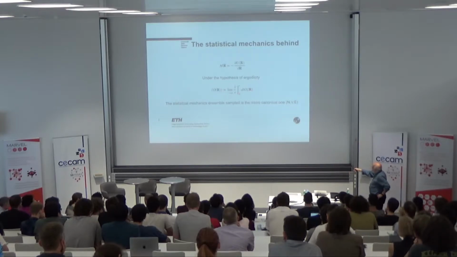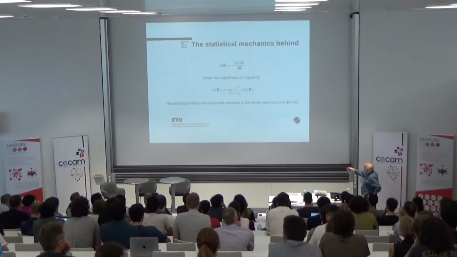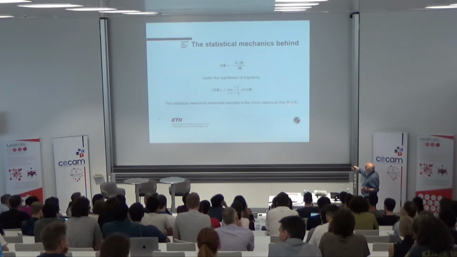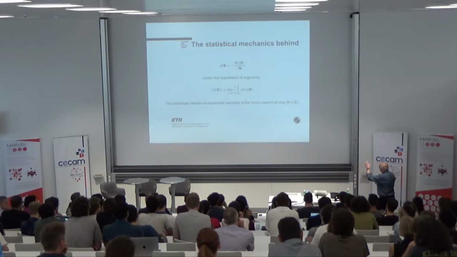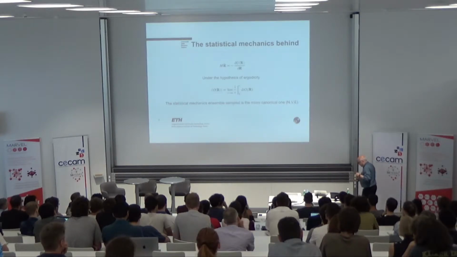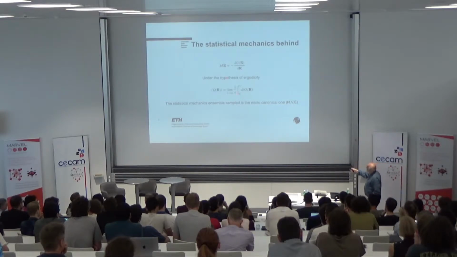In this particular case, if you do Newton's equation, the ensemble that you sample is one in which the number of particles is kept constant, the volume is kept constant, and the energy is kept constant. There is a small subtlety that the momentum is also kept constant, but that's a small correction of order 1/N. So to all intents and purposes, this is the ensemble which is sampled by molecular dynamics.